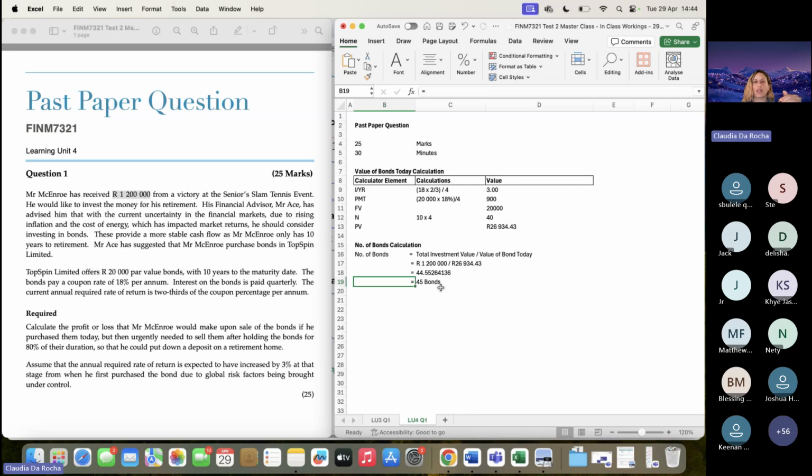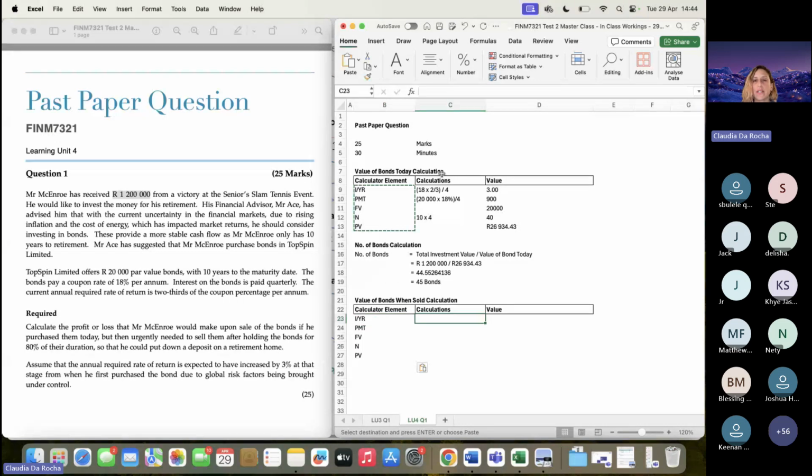We now can calculate what value he is going to sell the bonds at. This is when the 80% comes in. So when he sells his bonds now, 80% of the time has gone, and the interest rate has changed.